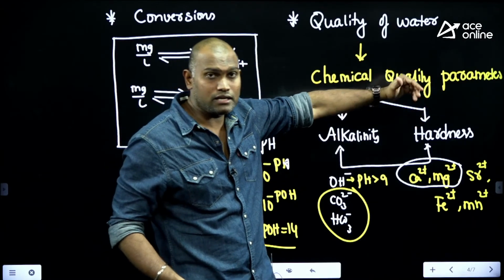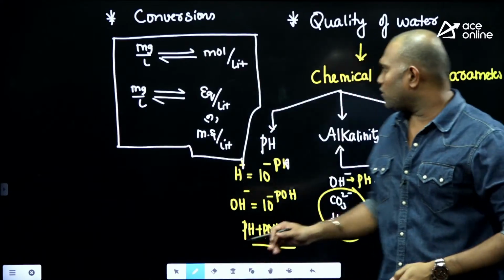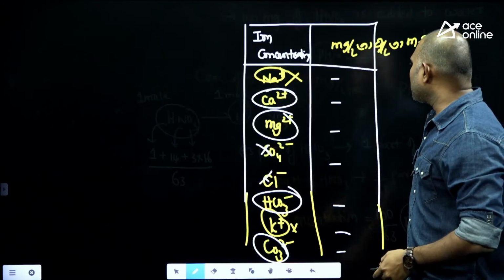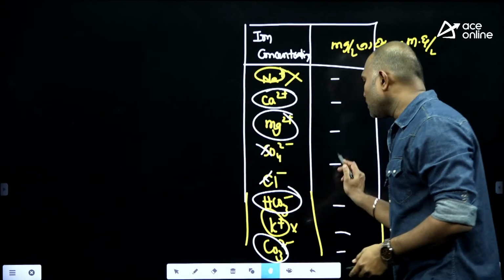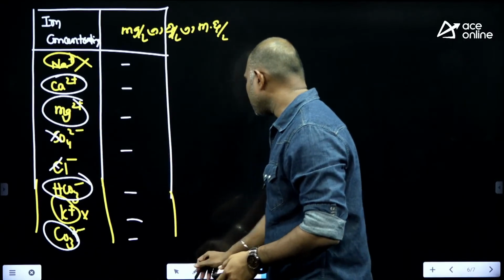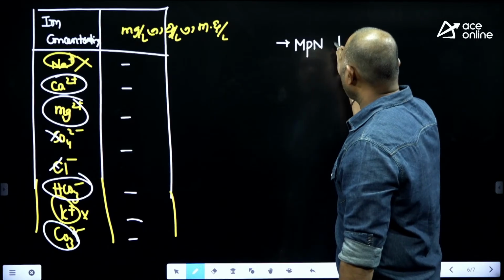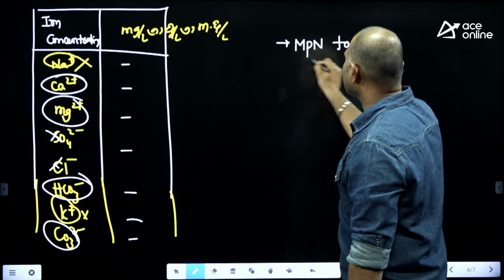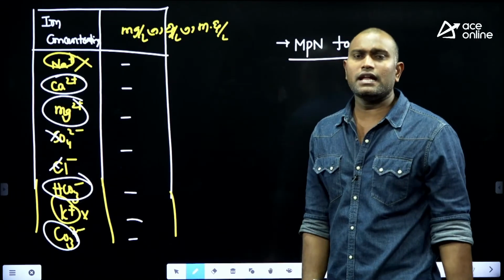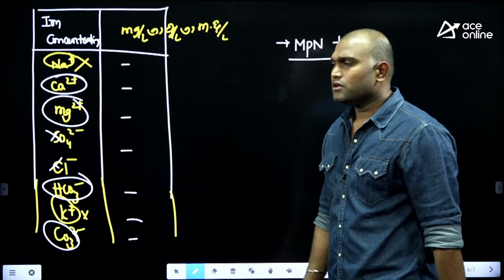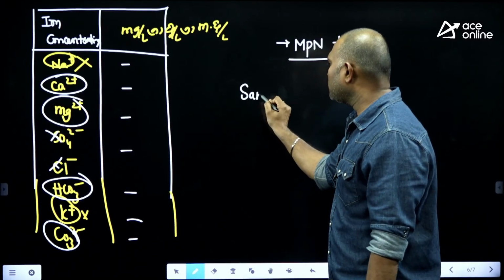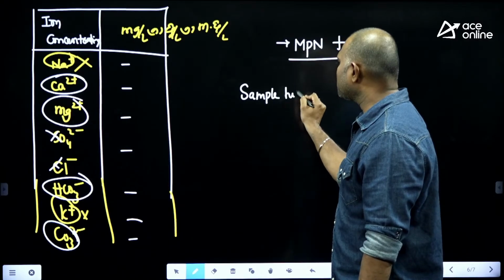Majority of the questions from the quality of water were based on pH, alkalinity, and hardness. That doesn't mean there are no other types of questions. They also focus on the MPN table. They have given the standard dilutions of 10, 1, 0.1, 0.01, 0.001 for the sample tubes.